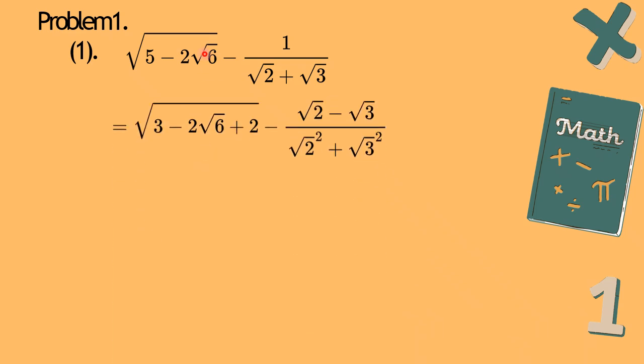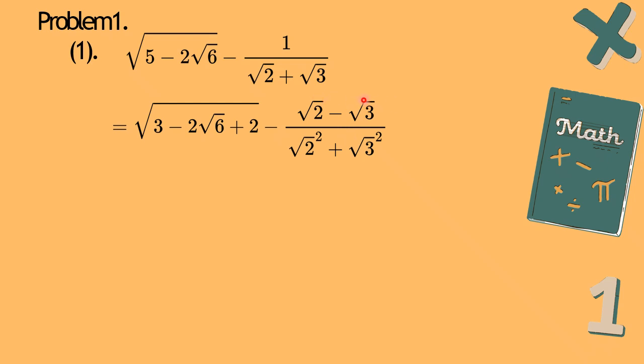For the first part, we can write 5 as 3 plus 2, and for the second part, we will rationalize the denominator by multiplying the top and the bottom by the square root of 2 minus the square root of 3, which is the opposite of the bottom.